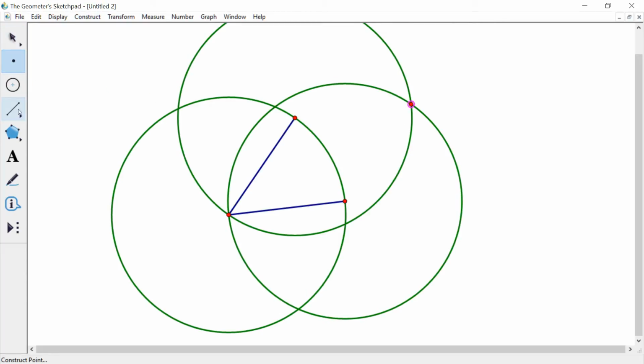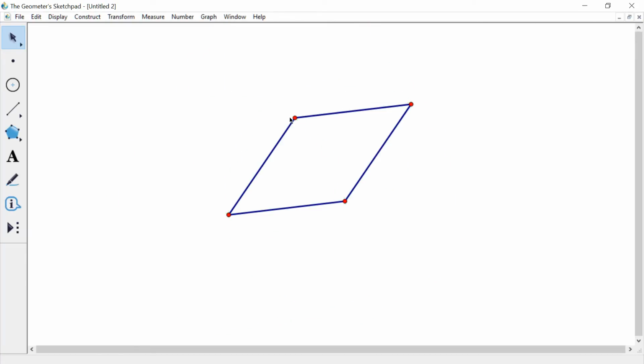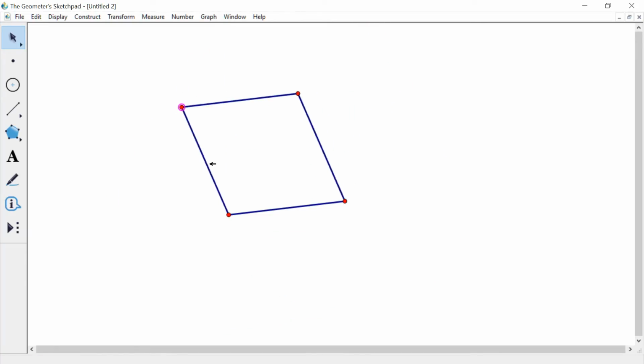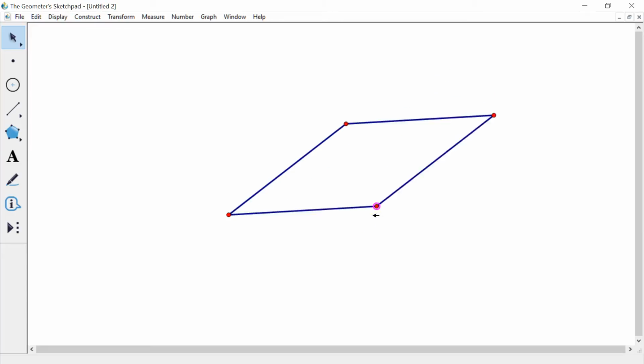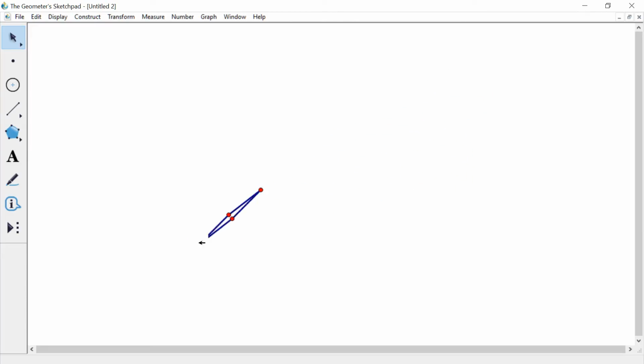Do you guys feel like this is a rhombus? Yeah, because all of those are radii of congruent circles. Let's hide those circles here. So no matter how I... Whoa, look at it move. That's so crazy. Whoa, it broke there a little bit, but all right, there we go. It's just the way I defined it. Well, anyways, so that's a rhombus.